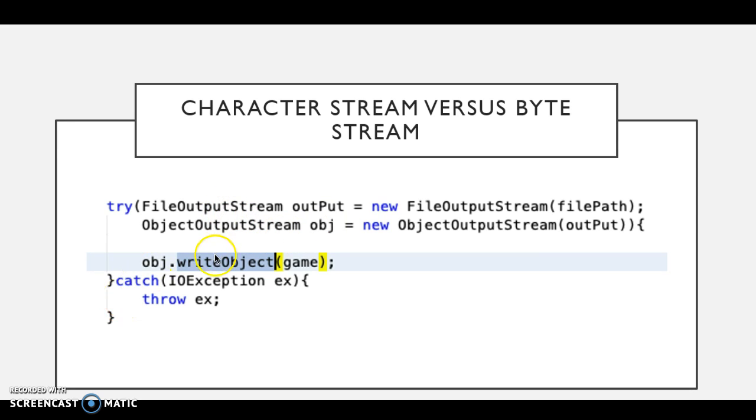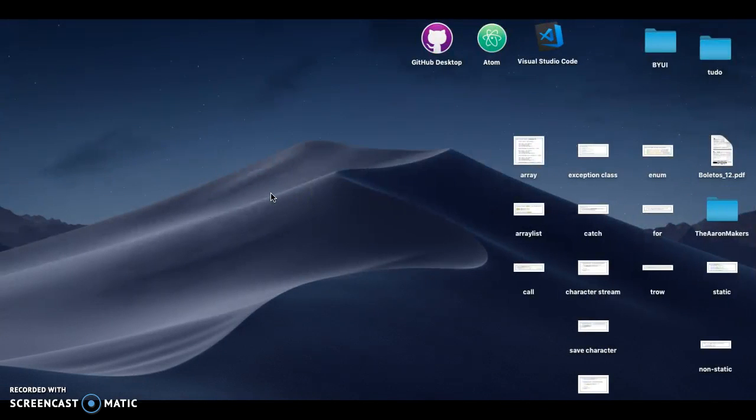And here I just use the write object to write the game object. So that's basically this. I have an output stream that I'm going to use as an argument to create my object output stream.